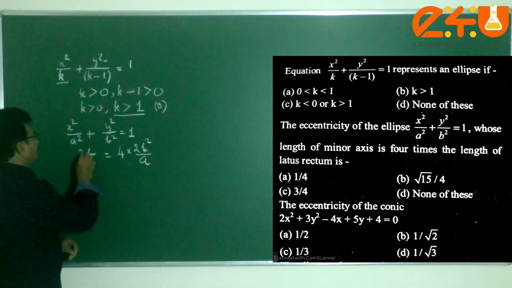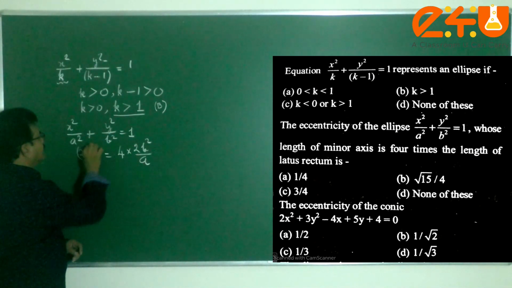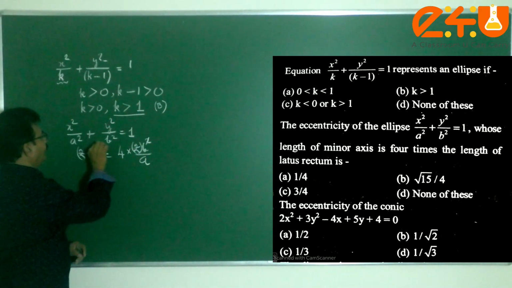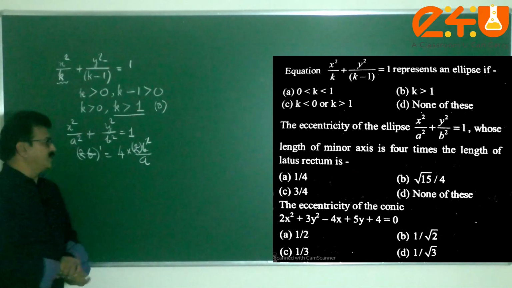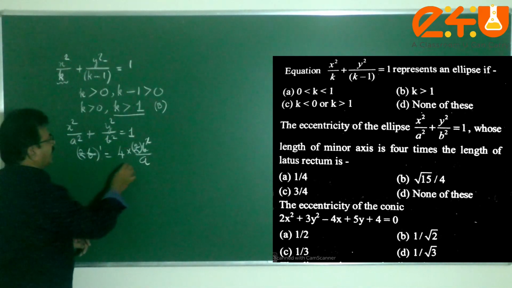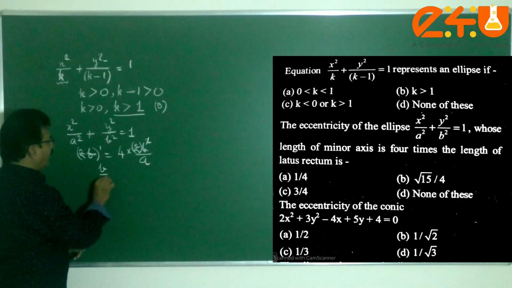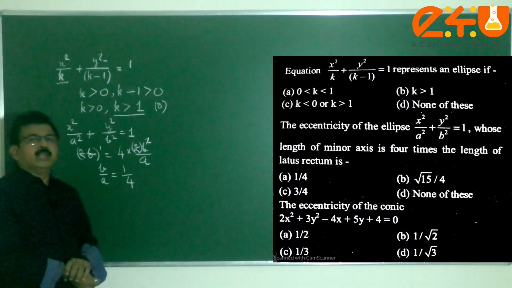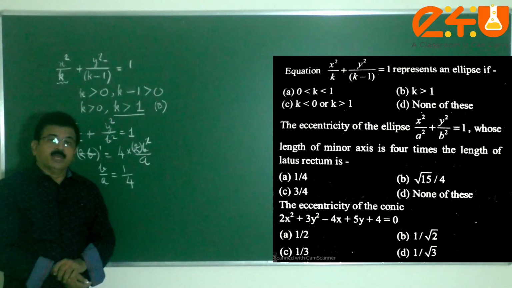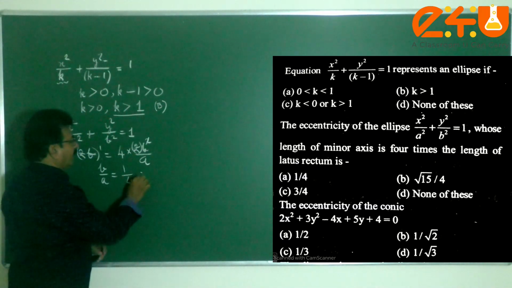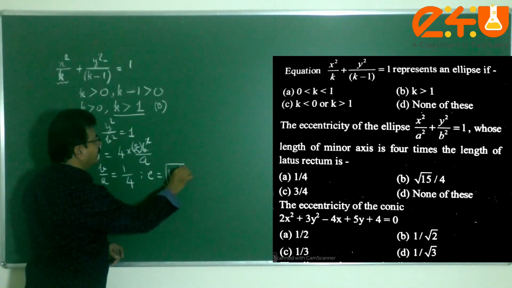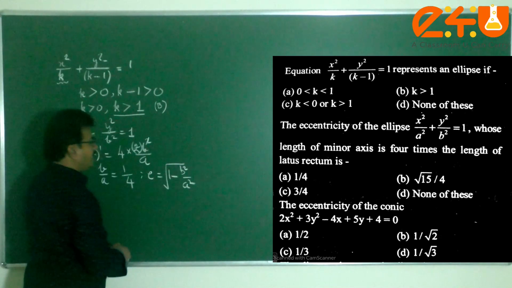So simplifying, I can cancel off the 2b, and I am left with one b on the RHS. So you can say b by a is 1 by 4. We also know the formula for eccentricity: e is the square root of 1 minus b squared by a square.